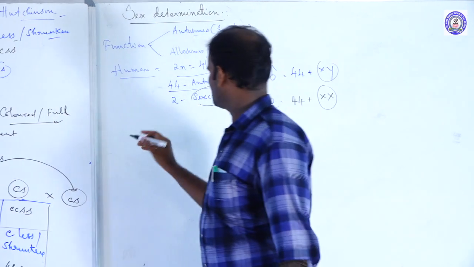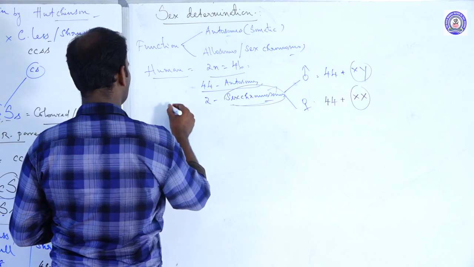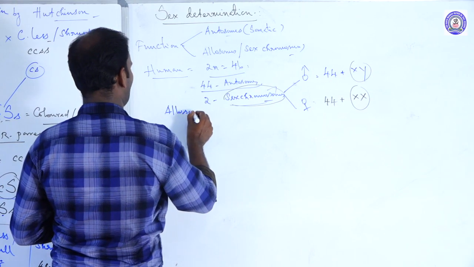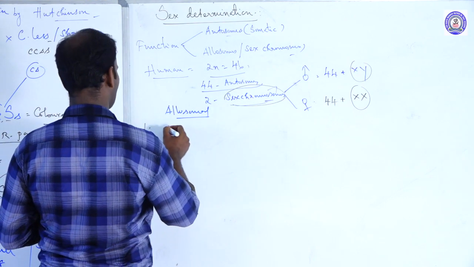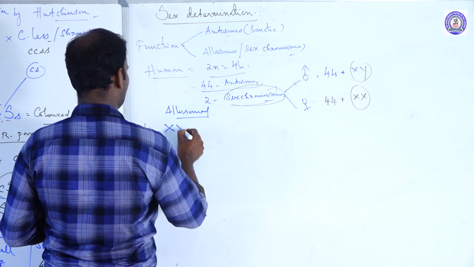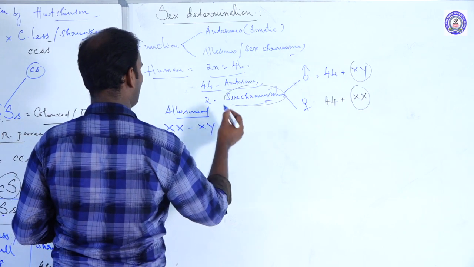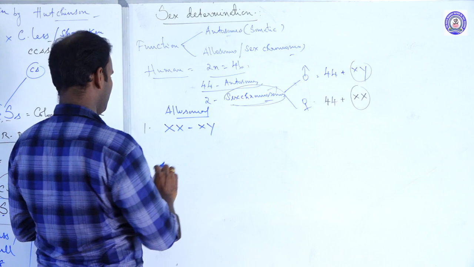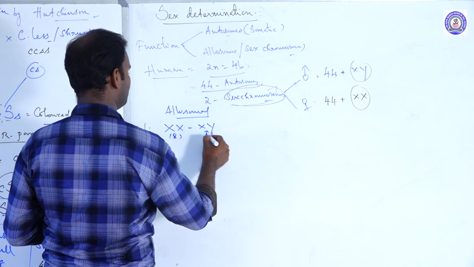There are 5 types based on allosomal sex determination. One is XX, XY type: XX female, XY male.